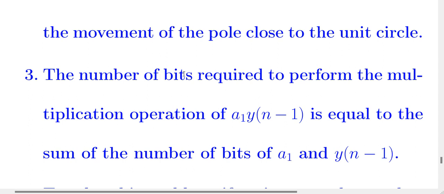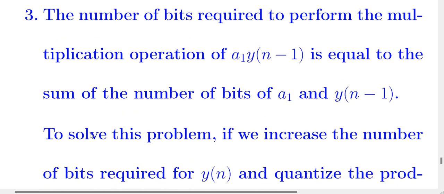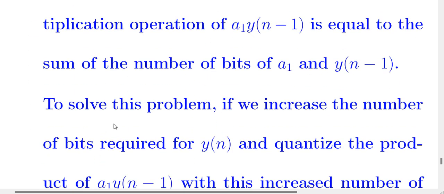The number of bits required to perform the multiplication operation of a1 times y(n minus 1) is equal to the sum of the number of bits of a1 and y(n minus 1).